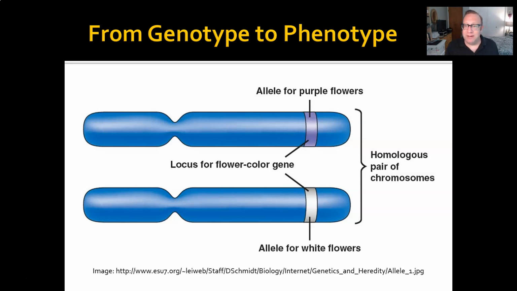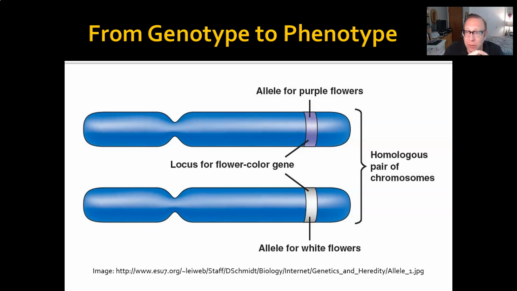The white band represents the allele that causes white flowers, and the purple one represents the allele that produces purple flowers. Both of those alleles are in the same locus, as you can see. That is the place where the flower color gene is supposed to be, on the chromosome.